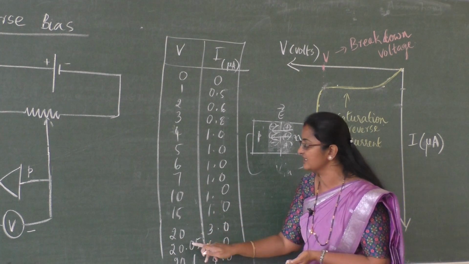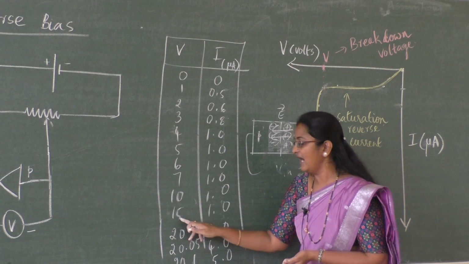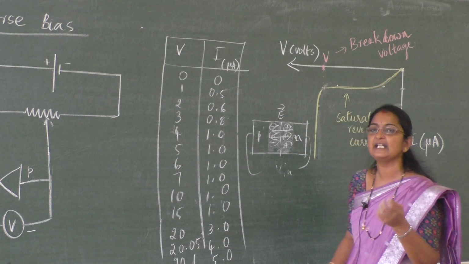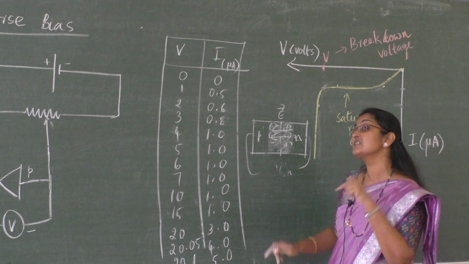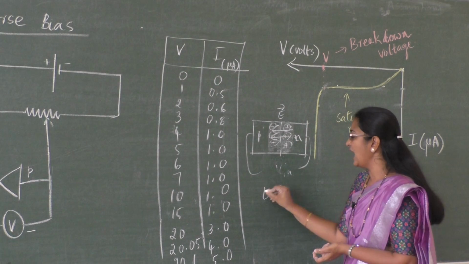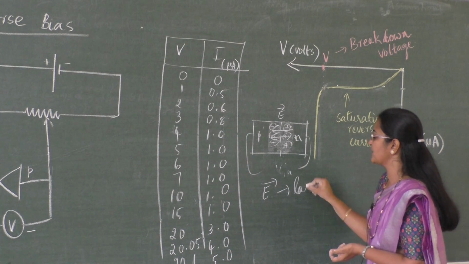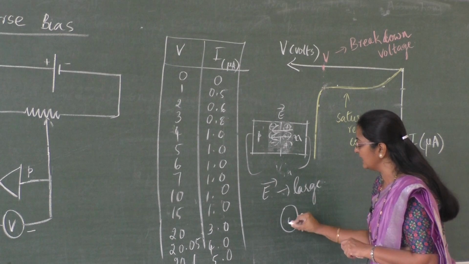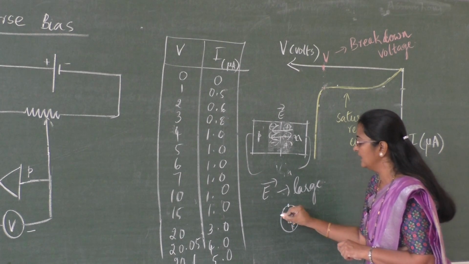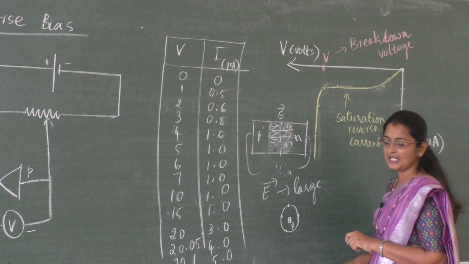Then after that, when you have applied more and more, see, this is only an example, students. Suppose I have applied 16, 17, 18, 19, 20 volts. The electric field developed here is very large, and this electric field is enough for the valence electrons. This is the nucleus. These all are the 4 valence electrons.